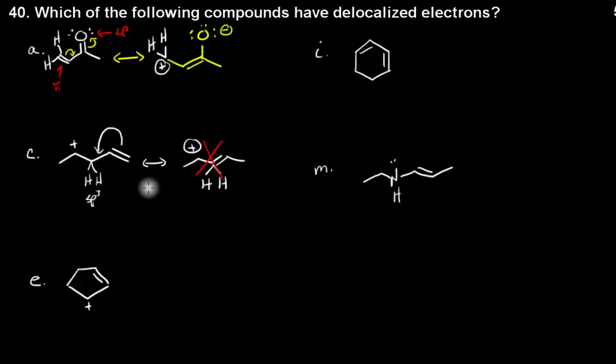And although you could potentially draw a kind of situation where you drew this kind of delocalization, where you have this pi bond going over to this carbon right here, we could technically do that. So we would get still the same number of carbons positive here, and we'd end up getting a positive on this carbon 2.